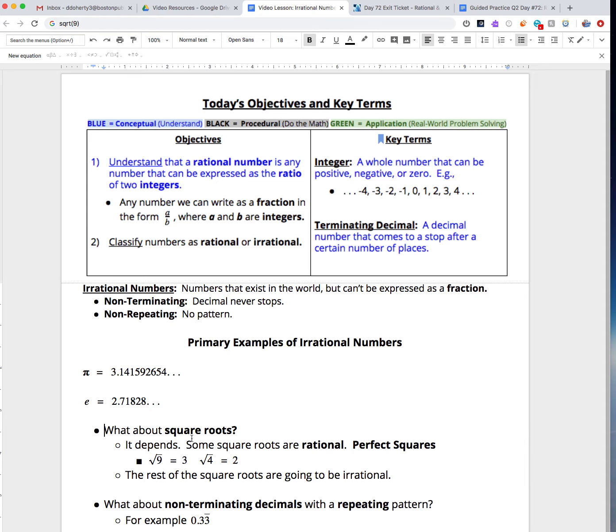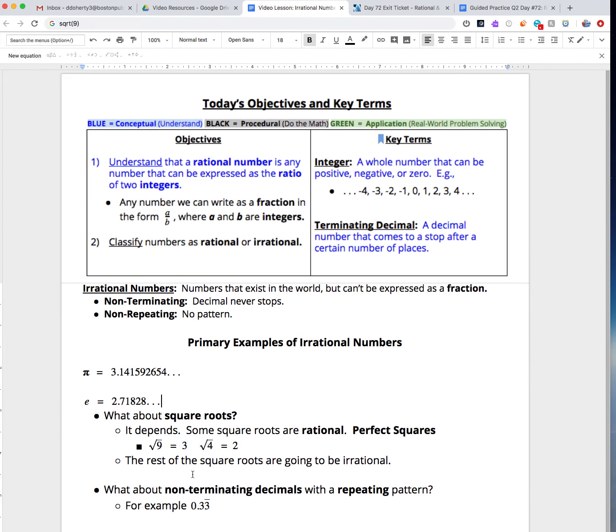Our last question: pause the video and think about what if we have non-terminating decimals but they have a repeating pattern. An example of that would be 0.33 with a vinculum, or this little line over the 3 telling us that's going to continue and never terminate. Will these types of numbers be rational or irrational? Welcome back.